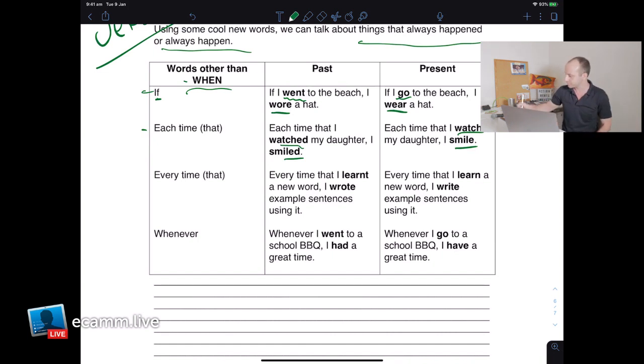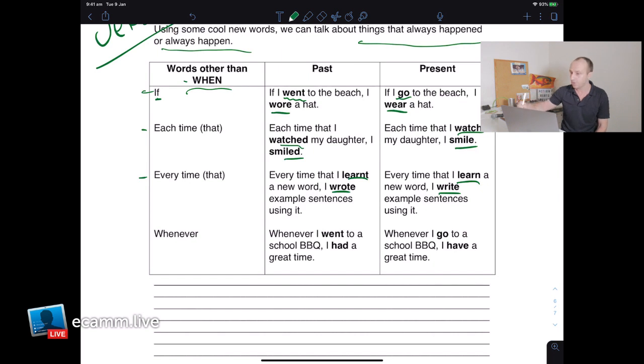For example, I could use every time. Every time that I learnt a new word, I wrote example sentences using it. Cool. Learnt and wrote. Every time that I learn a new word, I write example sentences using it.